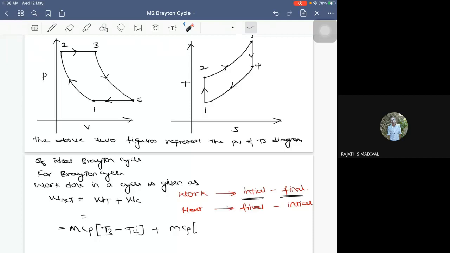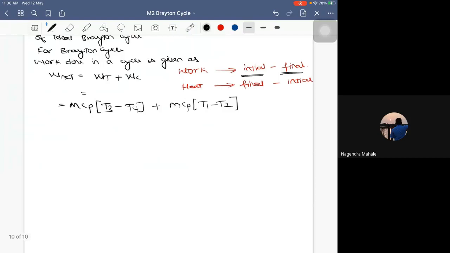So it is T1 minus of T2. Can we take anything common here? MCp. Very good, take it common. So it is MCp into T3 minus of T4 plus T1 minus of T2.